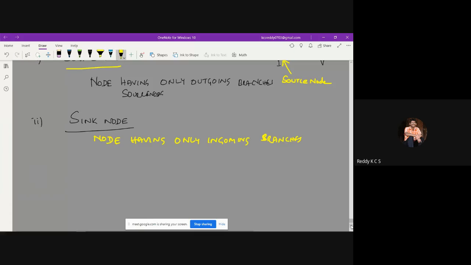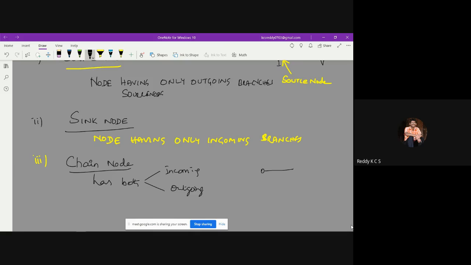So next, the third terminology which you are going to use here is the chain node. A chain node is one which has both incoming as well as outgoing branches. Say for example, these are the nodes: x1, x2, and x3. These are the variables.